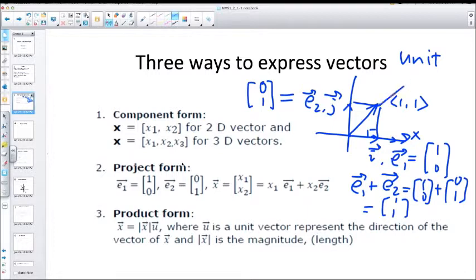But if I have this be (2, 2), now you just have 2 e1 plus 2 e2. So that's how you represent it in the projection form. When I say projection, it means you see this projected down, that's e1, project this way, that's e2, and by the parallelogram law, adding these 2 gives the diagonal, x, that I have.